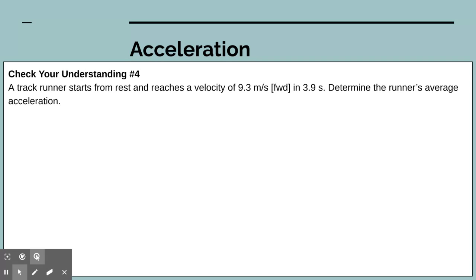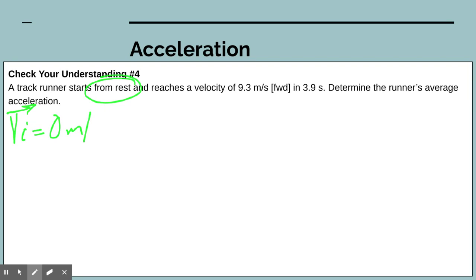Okay. So a track runner starts from rest and reaches a velocity of 9.3 meters per second in the forward direction in 3.9 seconds. We have to determine the average acceleration. So as always, let's take a look at what we know and what we don't know. What we know is that we're starting from rest.